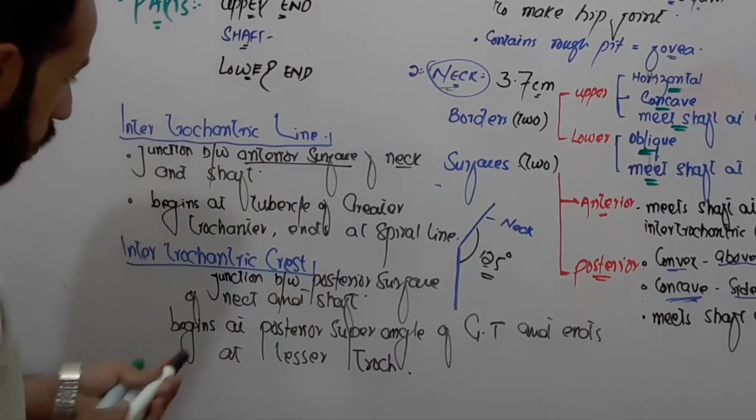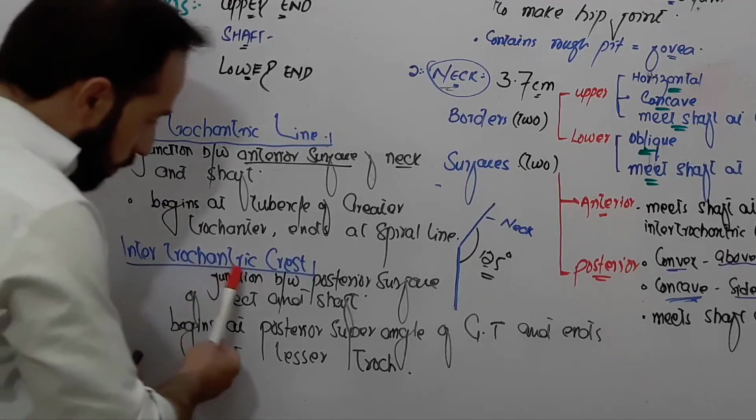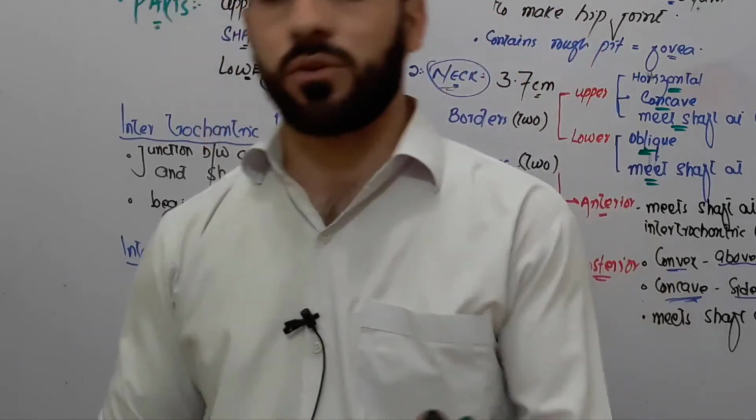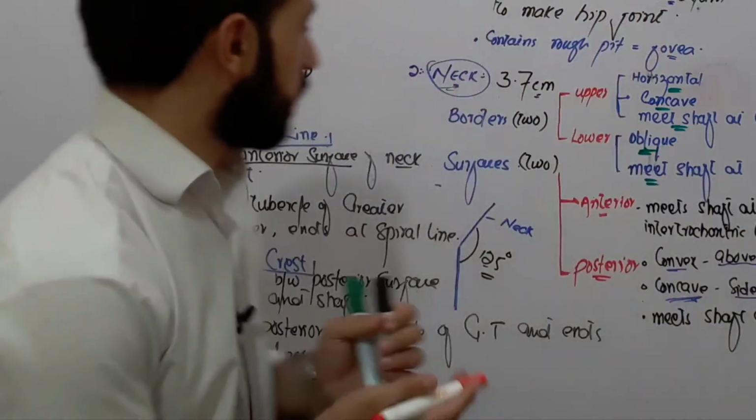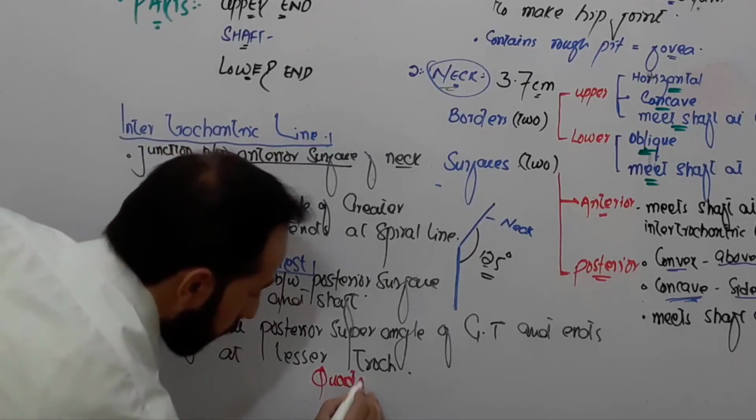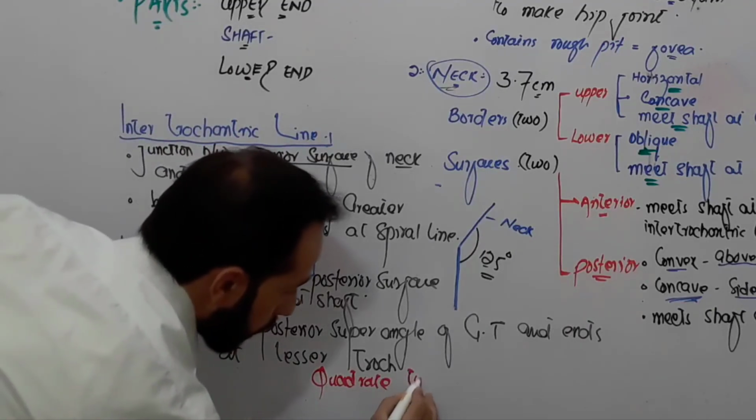Right, friends? Okay, and this intertrochanteric crest contains a very special point, and that is called the quadrate tubercle, which I will show you. It contains quadrate tubercle.